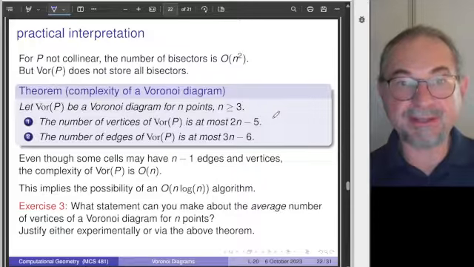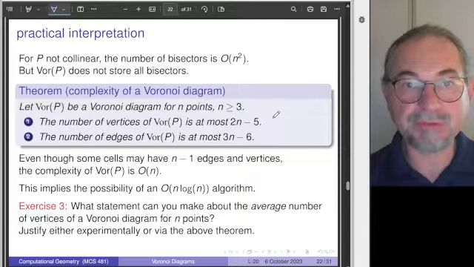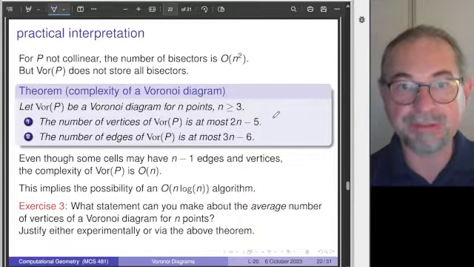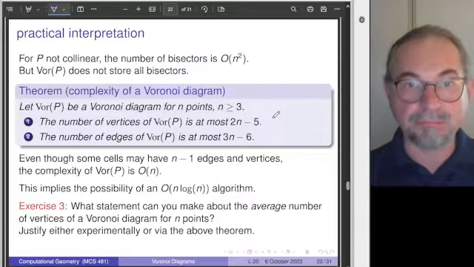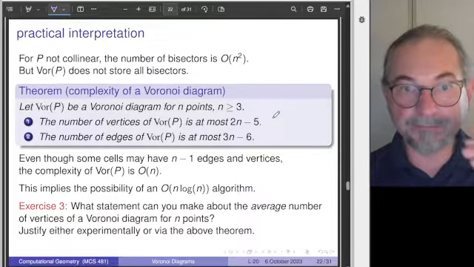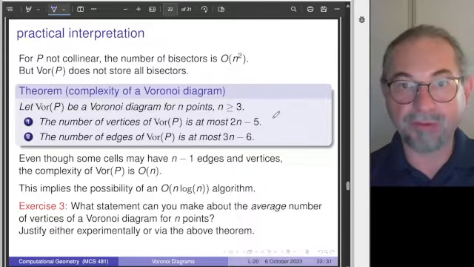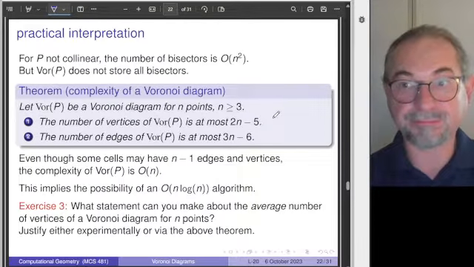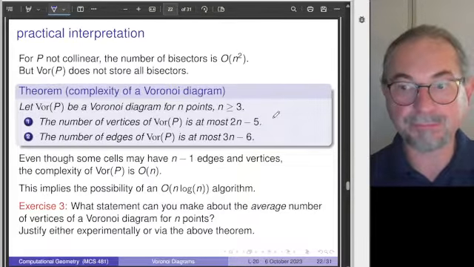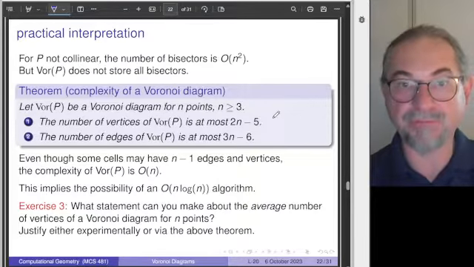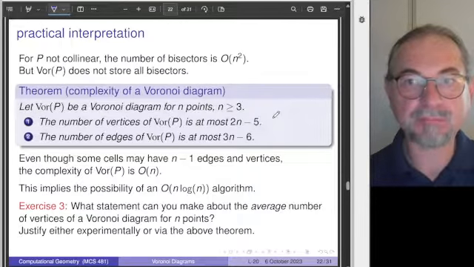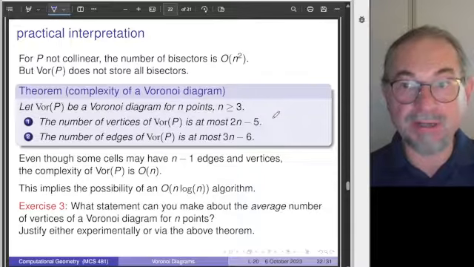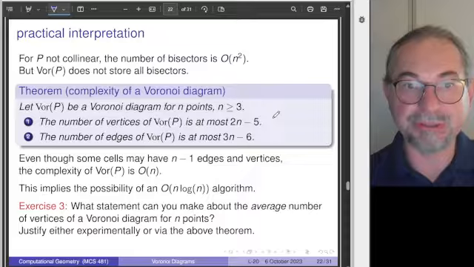Okay, so here it is. Collinear points. If you would use the straightforward algorithm, computing all the bisectors, then you actually have a quadratic cost algorithm, quadratic in the number of sites. However, the Voronoi diagram does not store all the bisectors. It consists of vertices and edges.